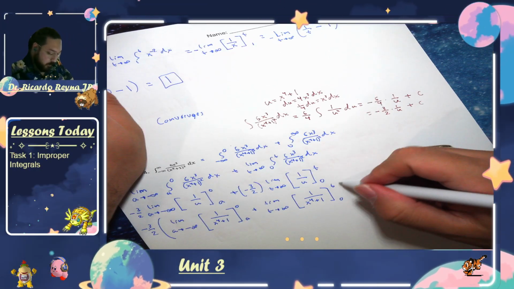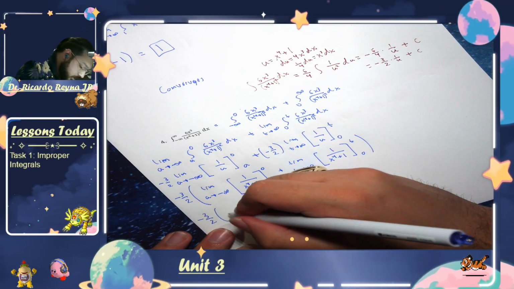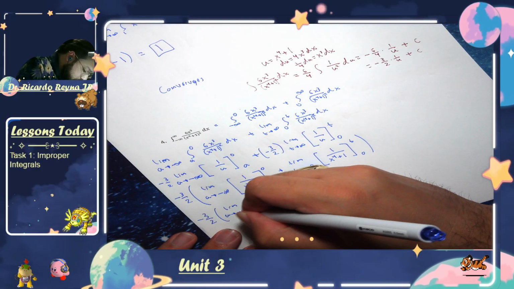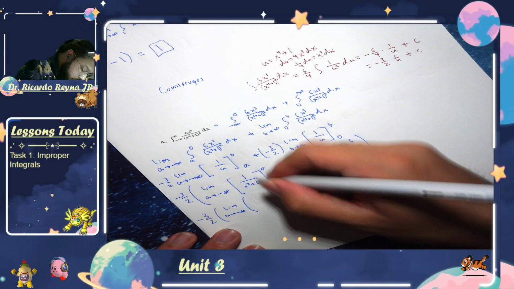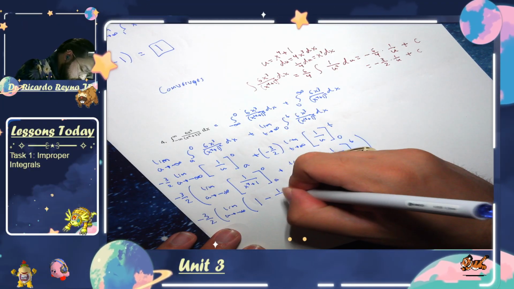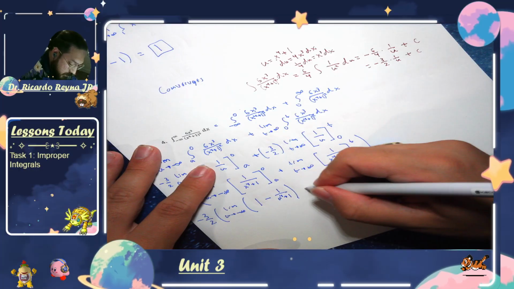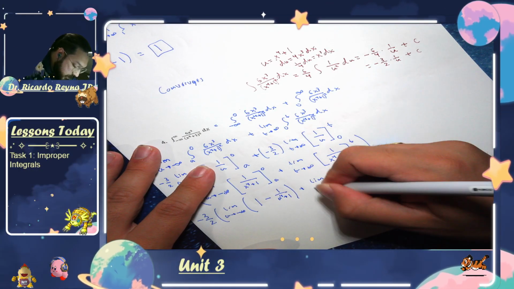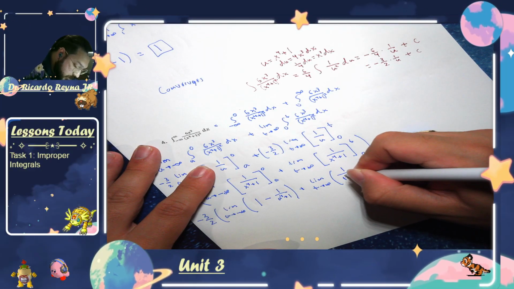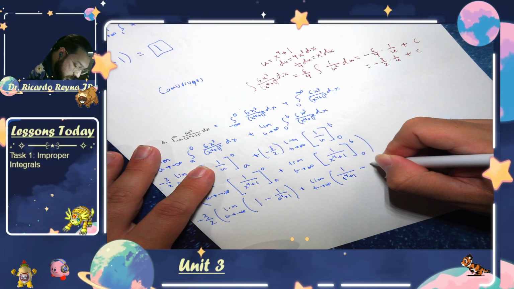Okay, from here, I can go ahead and take the limit as a goes towards negative infinity of, this is all going to be 1 when it's 0, and then minus 1 over a to the power of 4 plus 1, and then plus, for this limit, as t goes towards infinity, we have 1 over t to the power of 4 plus 1, and then minus 1.